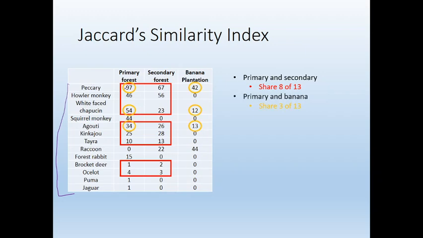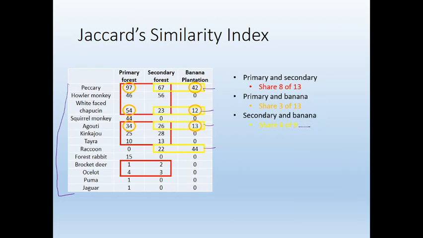Primary and the banana then share only 3 of the 13 species. Secondary and banana then share 4 of 9. These yellow ones right here, right? Now, you might be asking, well, why isn't this 13?